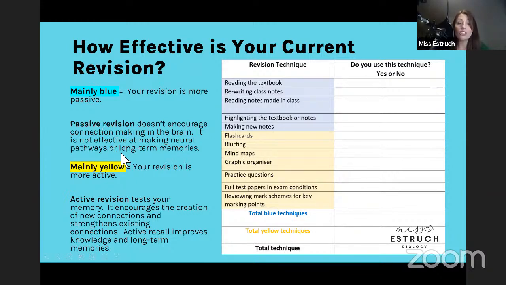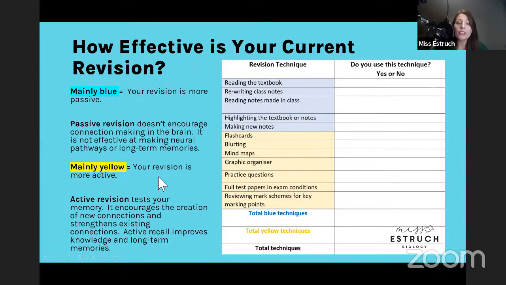And those techniques don't actually help with your long-term memory. Some of those will help with your understanding in the first place. So I'm not saying don't ever read a textbook or ever highlight information, but those only help with the understanding. They do not help with long-term memory. So those should not be the main bulk of your revision.